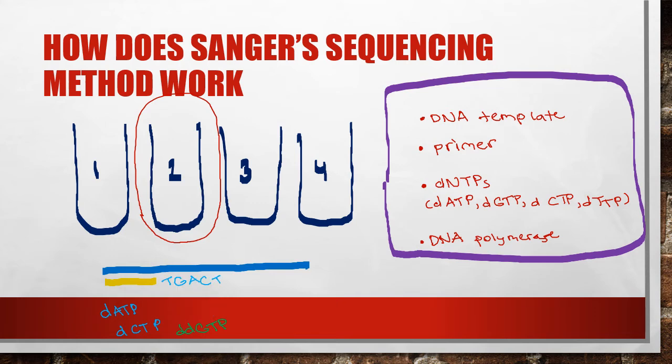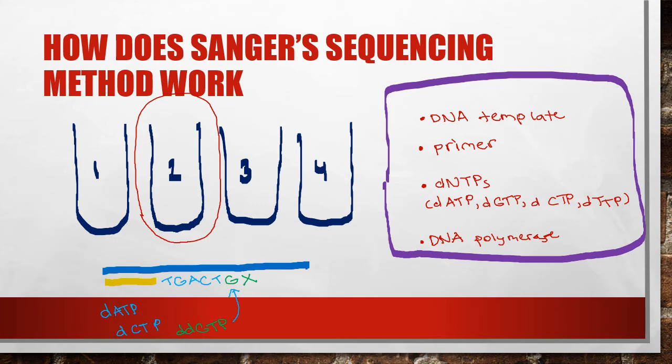But remember, when a dideoxynucleotide is added to the nucleotide chain, and remember that the ddNTP is also radio-labeled, this addition of the ddNTP will stop DNA polymerization, and no further addition of nucleotides will occur.